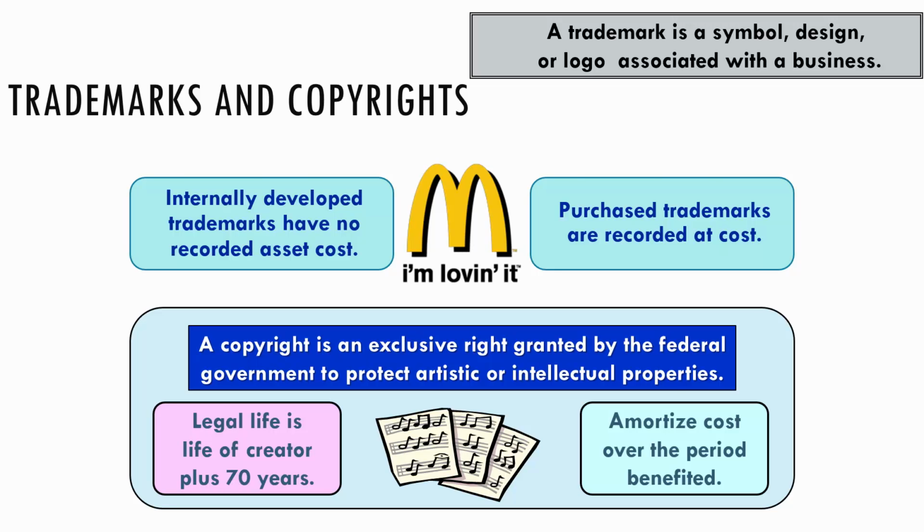With other businesses, they don't change. If they're internally developed, there's no asset. But if another company purchases a trademark to use the trademark, then it's going to be amortized, and you're going to have to figure out how long you expect to use it. So it's amortized over the period benefited. What is that? It's an estimate, just like depreciation period was an estimate.